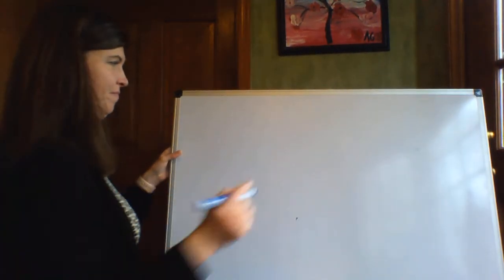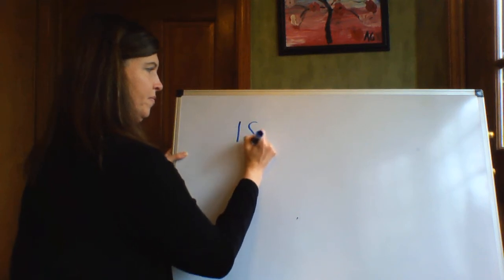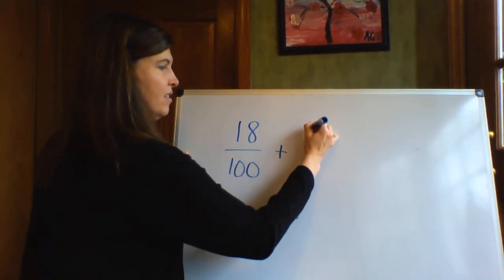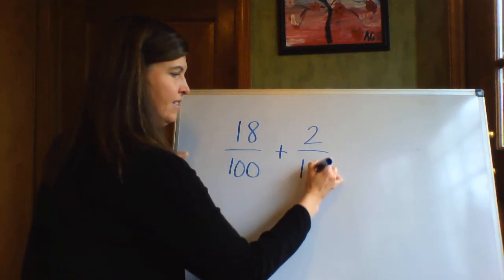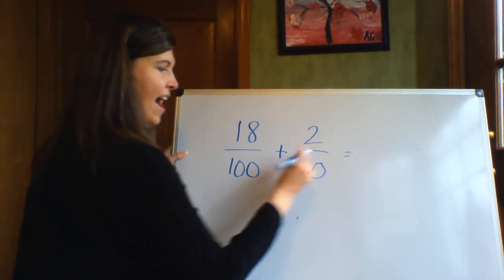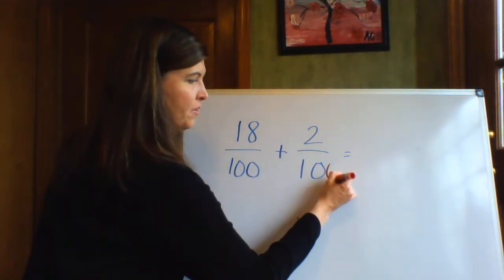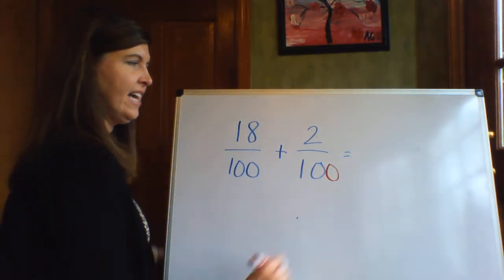Last example showing you my trick: 18 hundredths plus 2 tenths. I'm going to add these together. I need to have the same denominator. Add a 0 when I multiply by 10.